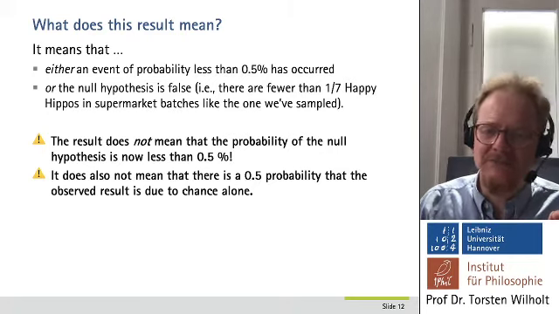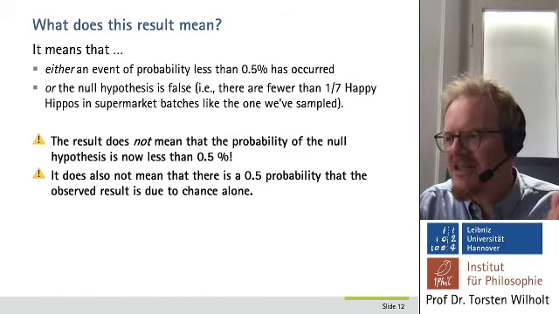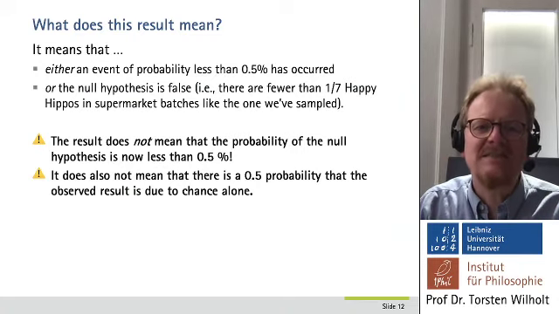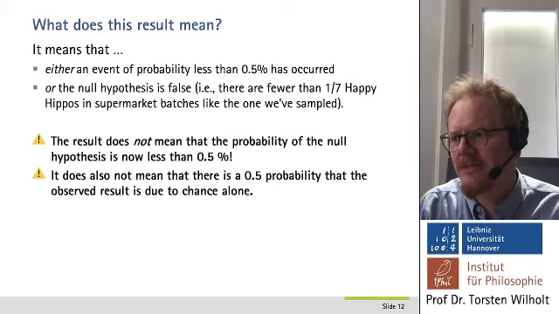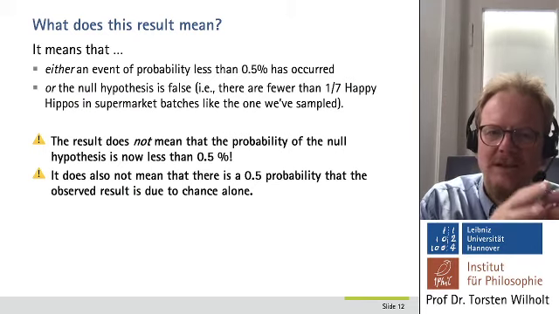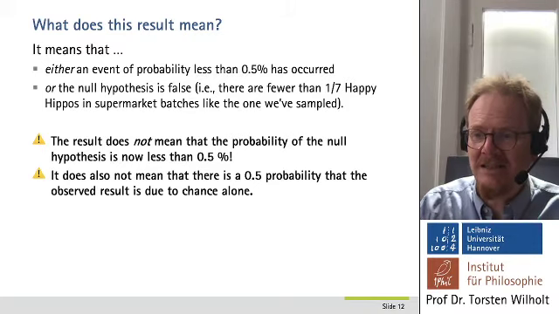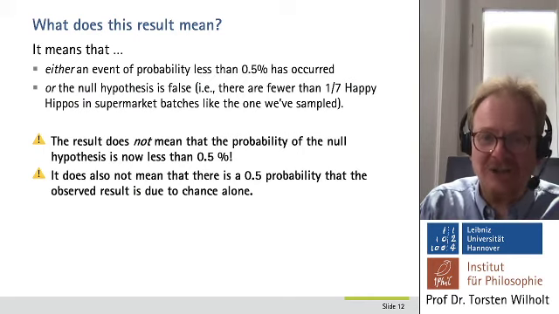Another often made misunderstanding, which is perhaps not as bad, but you can actually see it a lot of the time in newspaper articles, is that this means that there is just a 0.5% probability that the observed result is due to chance alone. That's not exactly true, because what the result does roughly mean is that there's a 0.5% probability that the result is due to chance alone under the condition that the null hypothesis is true.